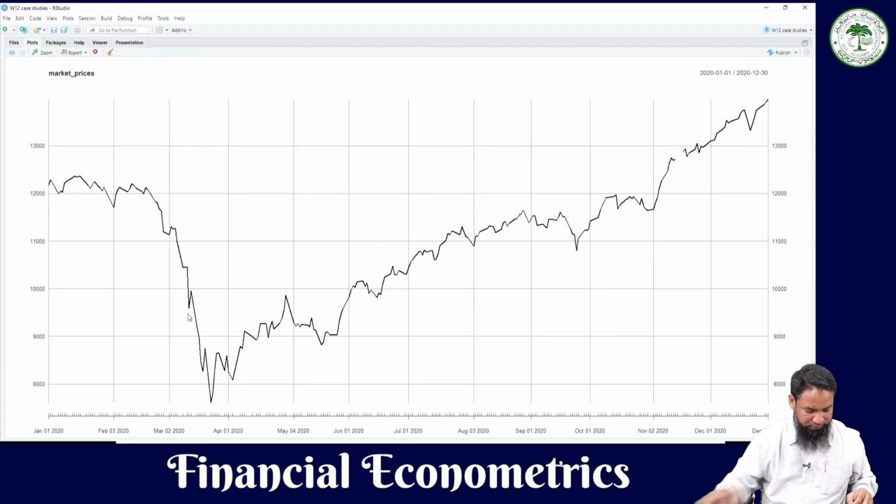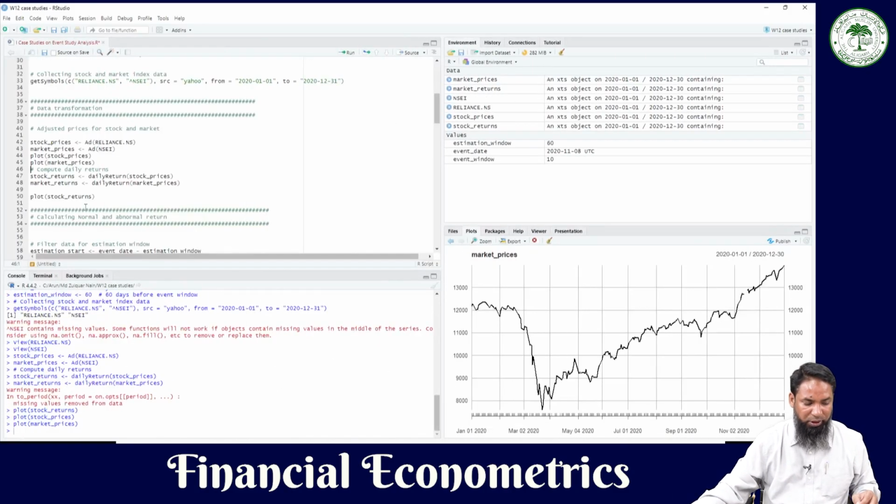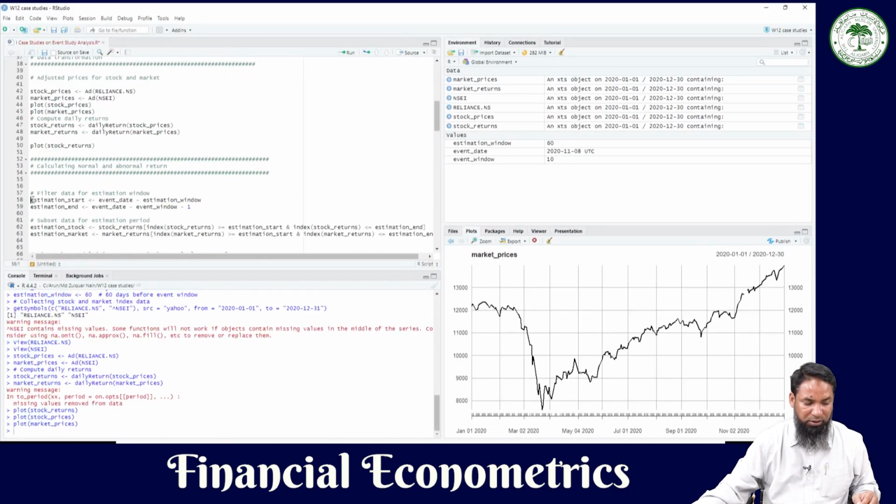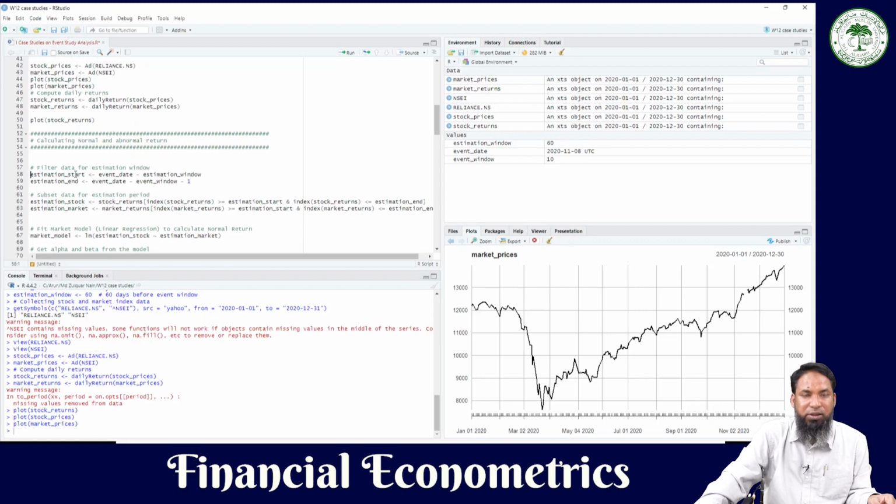So let us now calculate the normal and abnormal window. The normal window, that is the estimation window. So see what we have done: we have set the estimation and event window. Now when it is starting, that we will take here.